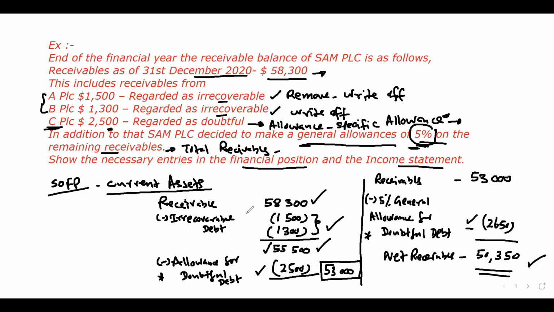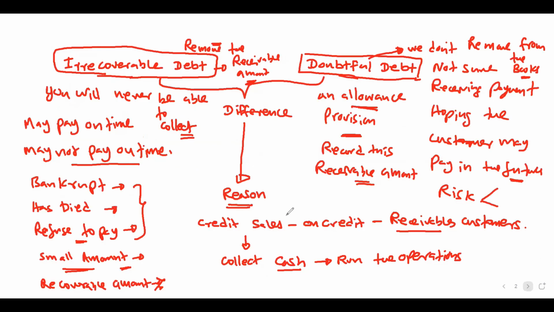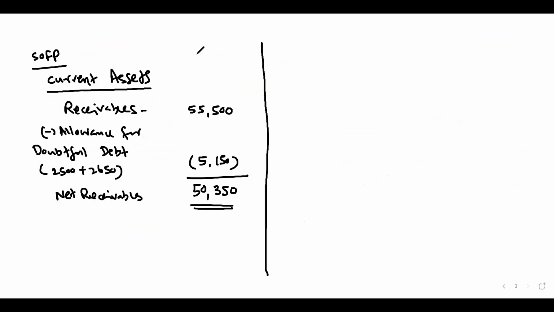So these have to be shown on the face of the income statement as an expense, because our receivable balance reduced from the opening balance of 58,300 to 50,350. Therefore this reduction is treated as an expense in the statement of profit and loss account or income statement.